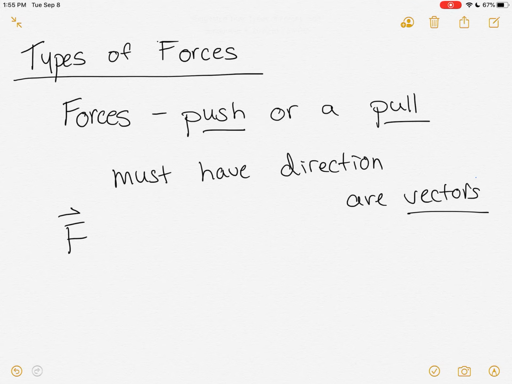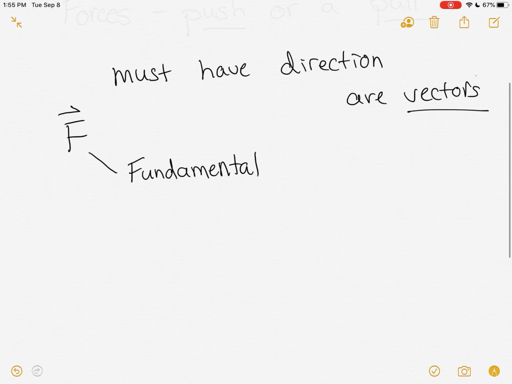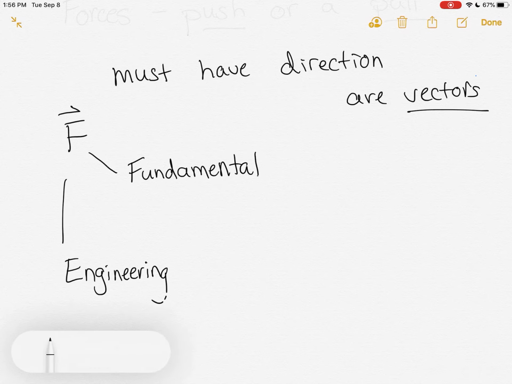There are two different categories of forces. We have fundamental forces, and then we have engineering forces. We are going to focus more on engineering forces than fundamental forces, but I'm just going to talk about the different kinds of fundamental forces there are.